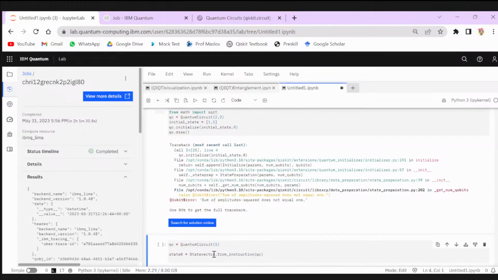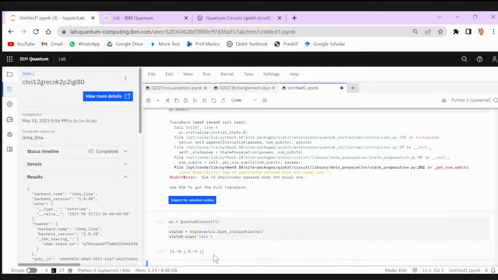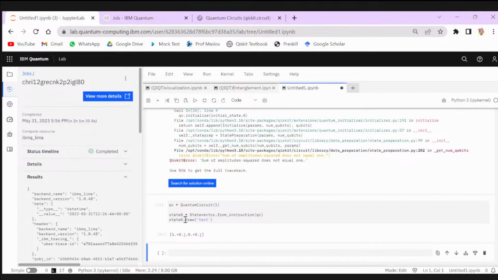Let's try to draw the state vector. So you can see we get the initial state. As we know, in any quantum circuit, the initial state is always the zero state, that is in this vector form. You can write in latex form also.